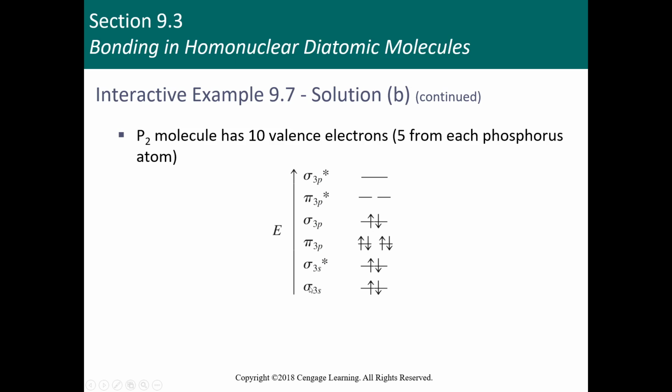Here's our sigma, sigma antibonding for our s orbitals. And then we have our pi on the bottom, because again, this is in the left half of our p block, just like nitrogen is. And so that would be our pi bonding orbitals for the 3p atomic orbitals.